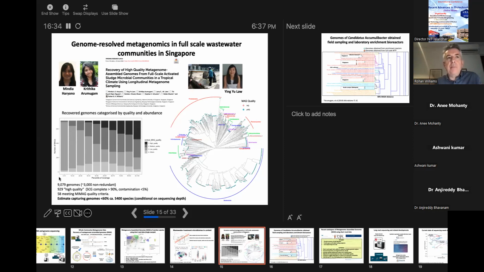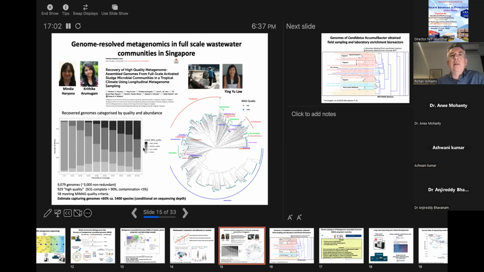In this figure here, we're basically breaking down the genomes we're capturing by how abundant they are. These are the genomes in the top 10% of the abundance range, the next 20% and so on. And we're just counting the proportion of high quality, medium quality or low quality genomes. There's a standard set of criteria that are used to categorize how good quality these genomes are.